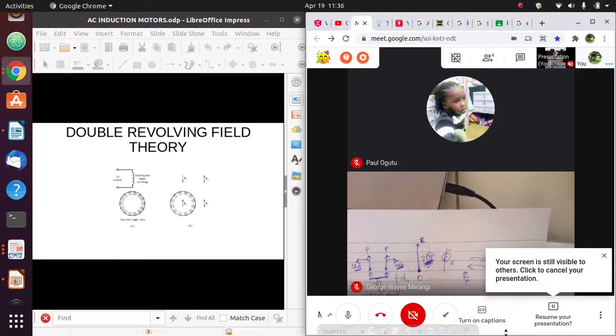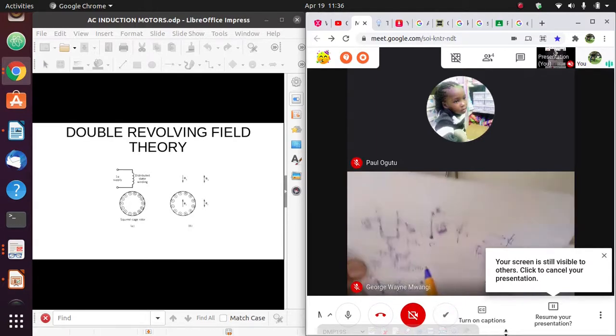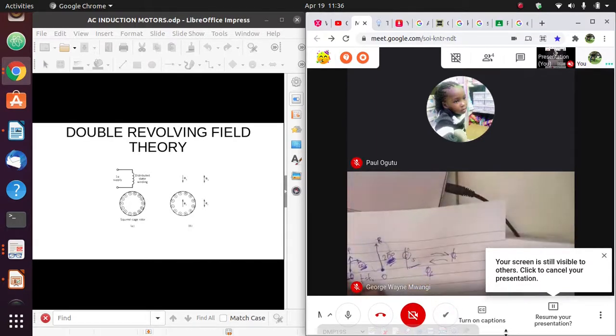Are you together? This is what I was trying to show: mathematically speaking, you have vectors, but now this sum vector can represent our flux, and it can be proven that this flux is two rotating fields rotating at the same speed but in different directions.